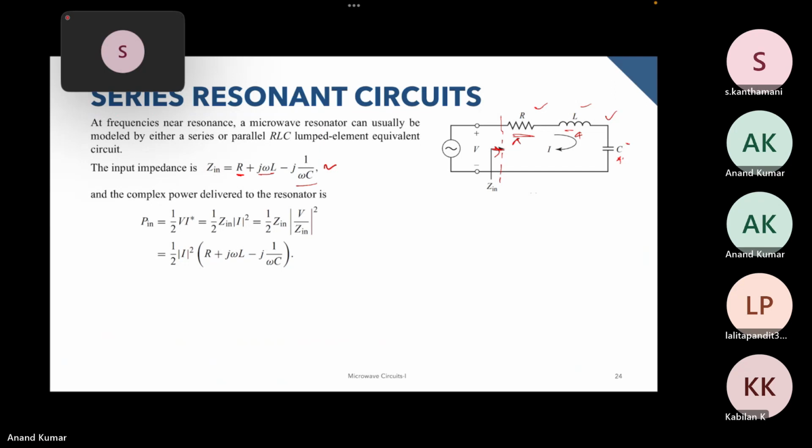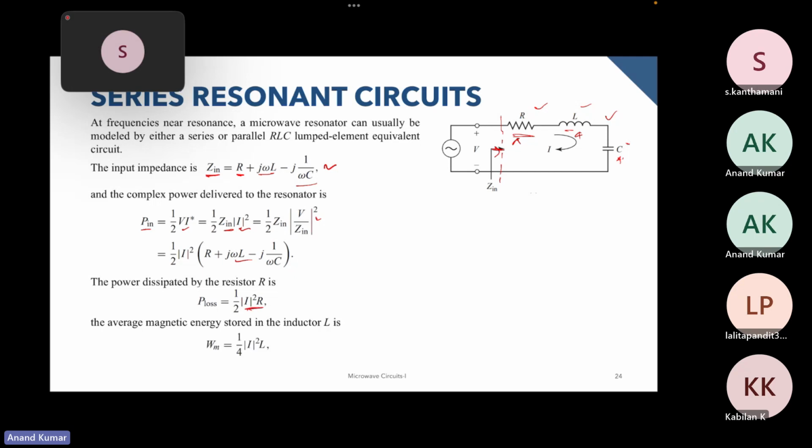For the power delivered, we know that it is given by one half V I conjugate, and we can also write this in terms of the input impedance, the current and voltage, substituting the value of the input impedance. So very straightforward. We can write down the input impedance, the complex power delivered, the power dissipated by the resistor, the magnetic energy stored in the inductor, and the electric energy stored in the capacitor.